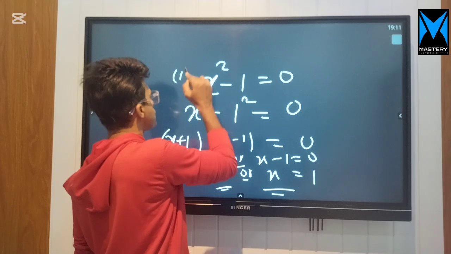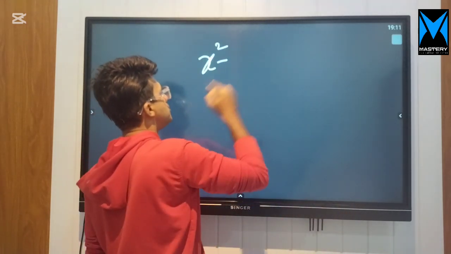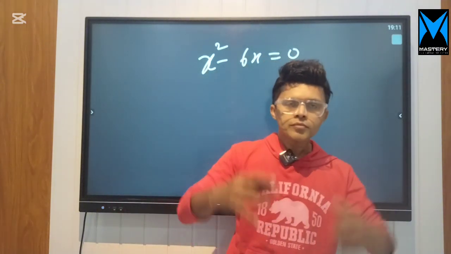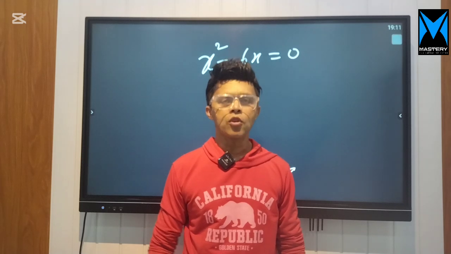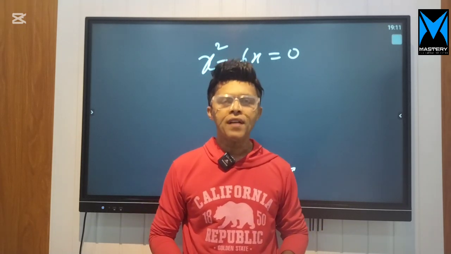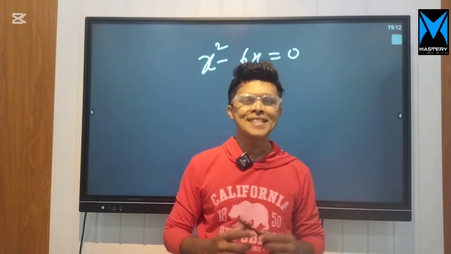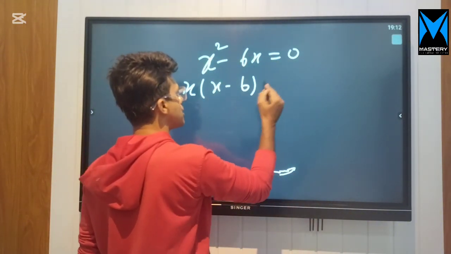The second sum is x squared minus 6x equals 0. How do you find the roots of this quadratic equation? Firstly, you could take x as a common term. Then x into (x minus 6) equals 0.